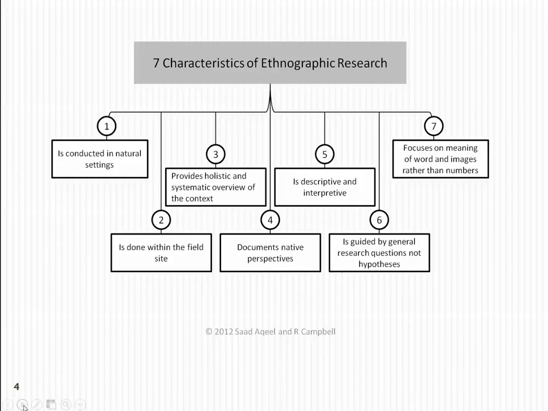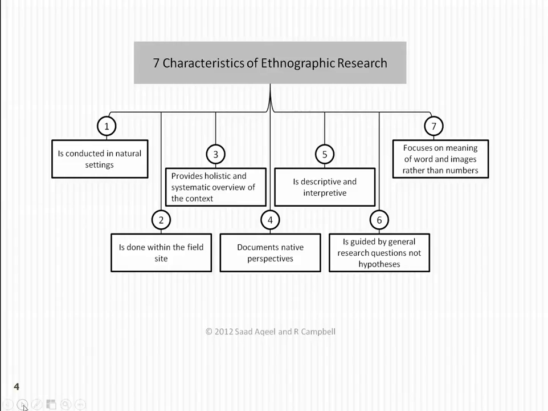And it also documents the native perspectives, that through observing and interviewing the people of the group you are studying, you document their worldview, their perspective of their life and culture, and that is very important.